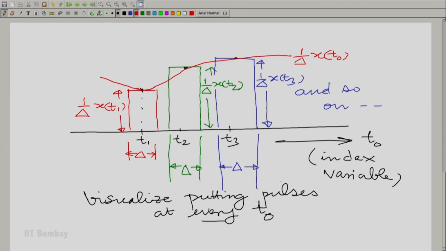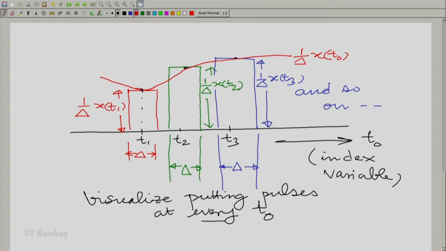And now, because you have a continuum of pulses, there are not discrete points, but there is a continuum of pulses. At every point there is a pulse, so to speak, and all these pulses need to be combined, and their combination leads you into the function x at t0 under the integral sign. So, you see the integration is required because you have unit area contained in each pulse. So, go back to the diagram.